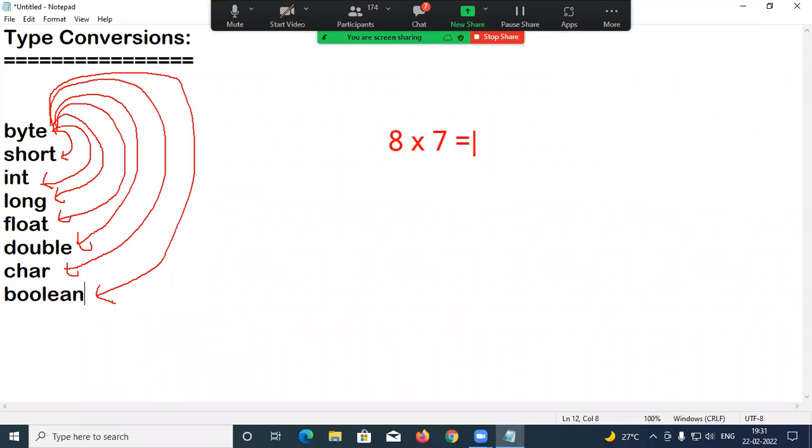So how many conversions come? 56. Out of 56, 14 conversions are not possible. But which are those 14? I'll give the answer. Remaining conversions 42.